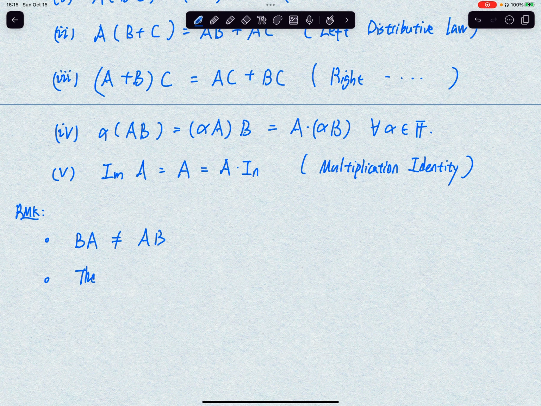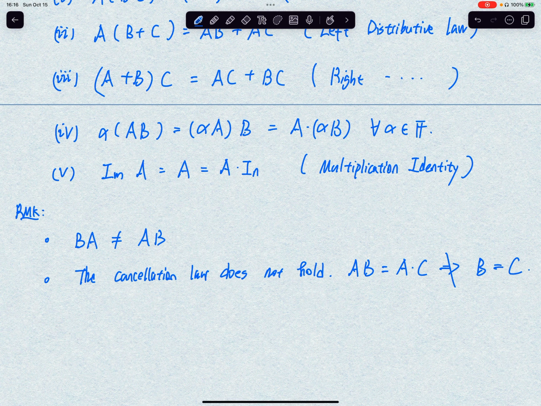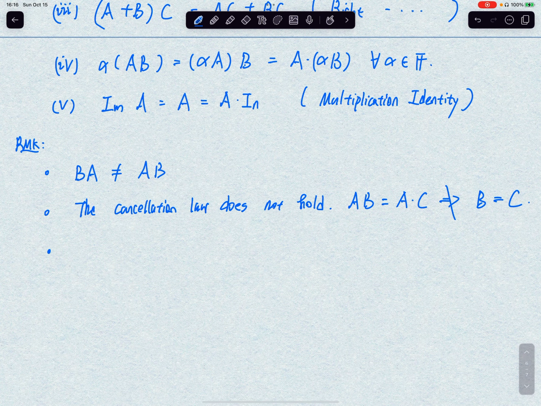And also, the cancellation law does not hold. So that is, AB equals AC does not imply that B equals C in general. And also, if AB is 0, this does not imply that A equals 0 or B equals 0.